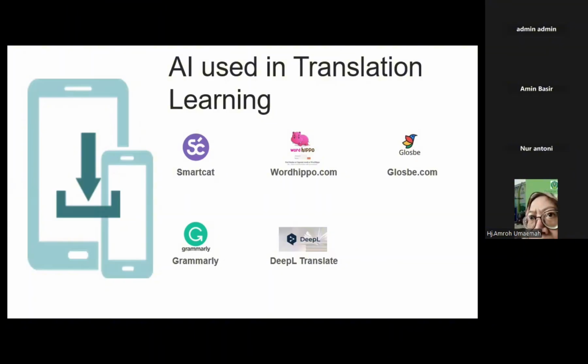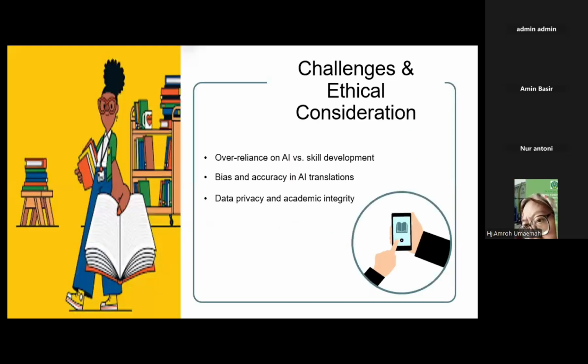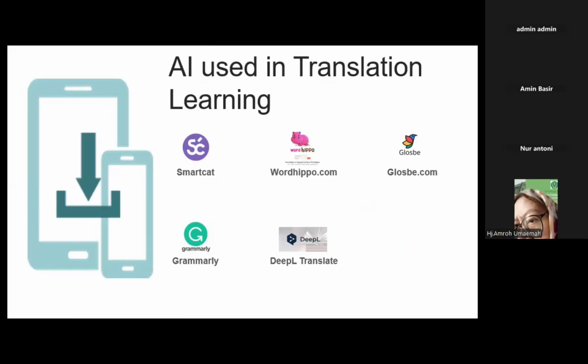Yeah, if you want to know certain ingredients or what it means in a language other than English. And then iTranslate for voice translation. So you can talk and then the translation will appear. Yeah, that's also another AI that you can use. Next slide, please. Okay.